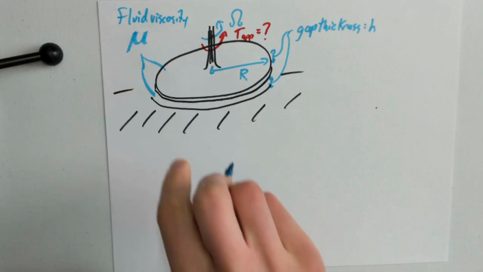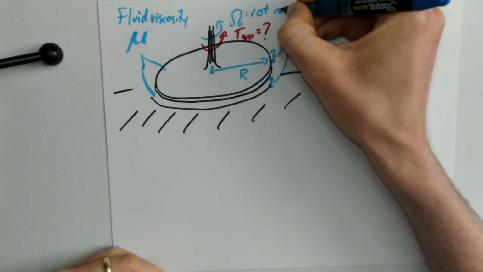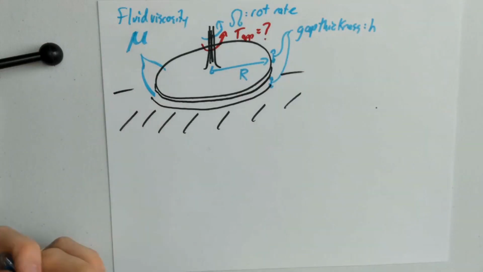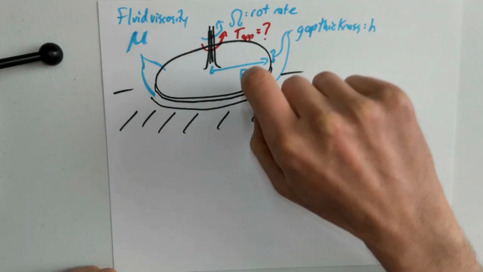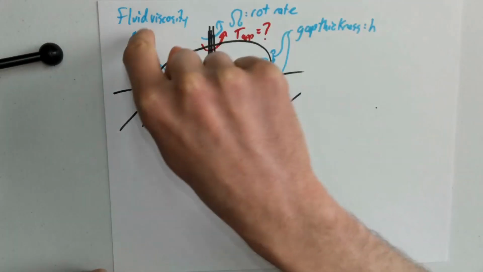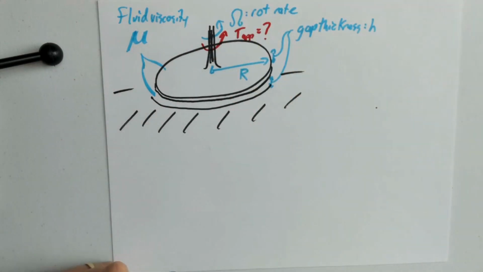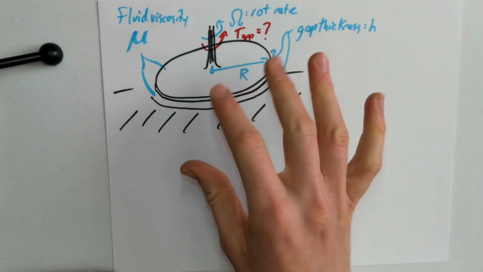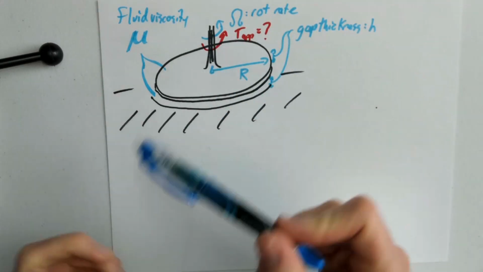So the fluid viscosity is what I'm going to call mu, and this is the rotation rate of the disk. All right, so we know some information about the gap thicknesses between the moving disk and the stationary walls. We know the rotation rate. We know the fluid viscosity, and we want to infer what the torque is, to predict how strong of a motor we need or something like that.